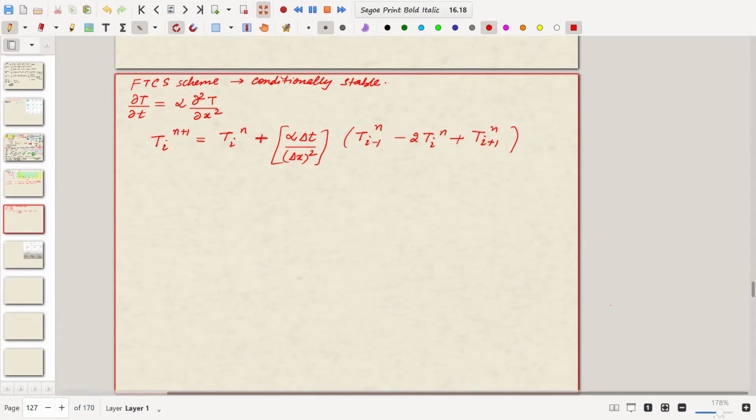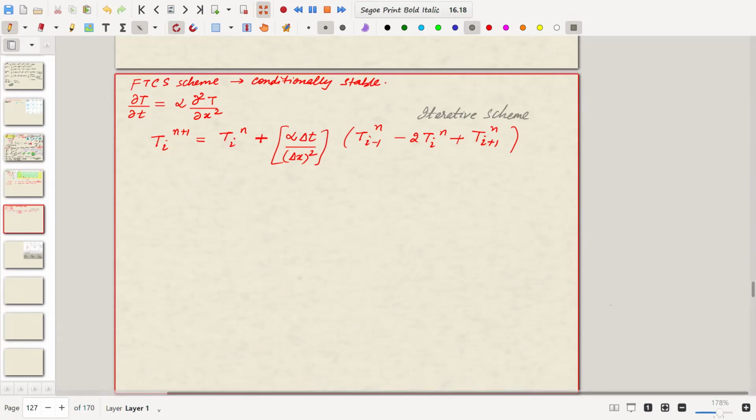Okay, so this is our iterative scheme. This is known as the iterative scheme.